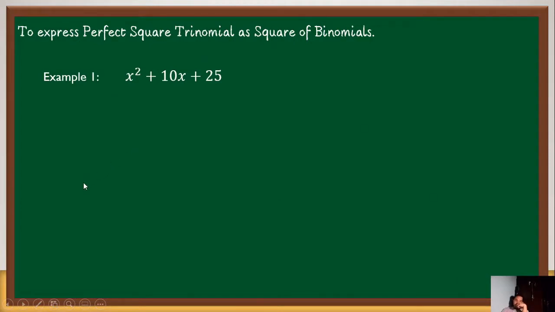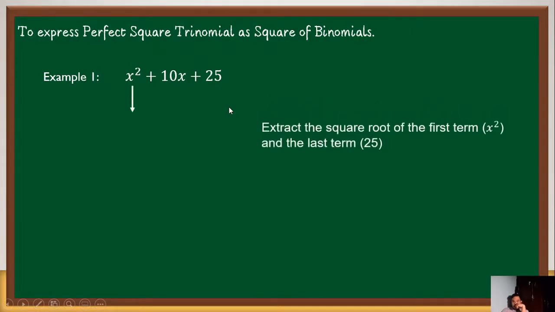For example, we have the perfect square trinomial x squared plus 10x plus 25. So to express this as a square of binomial, we're going to extract the first term and the last term. So our first term is x squared. The last term or the third term is 25.